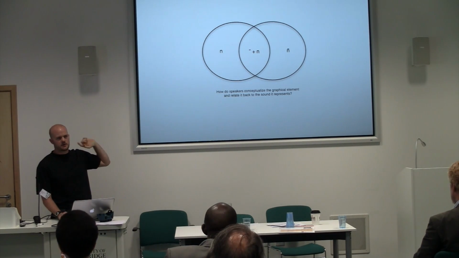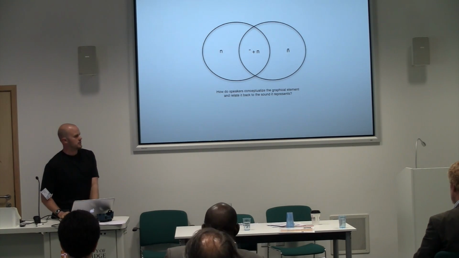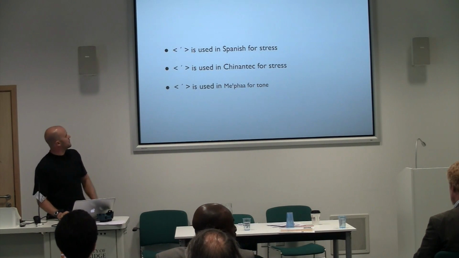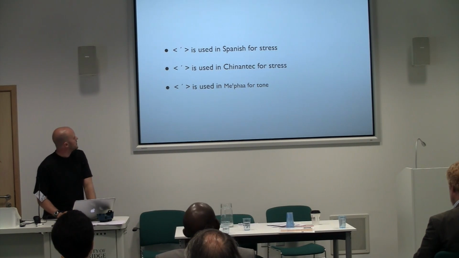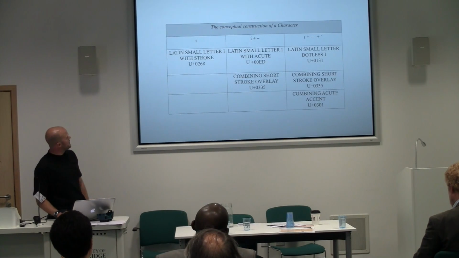And that kind of parallel should be expressed tactilely on the keyboard as well, optimally. Sometimes it's not possible, but optimally it would be. And we have that kind of issue with the accent because it's used for different things in Spanish and Me'phaa. We also have that issue with the barred I with accent.